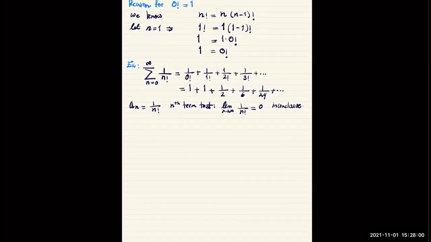Next test would be what? Integral test? Yeah, good luck integrating 1 over x factorial. If you call a function 1 over x factorial, this is not a continuous function. n factorial is defined over natural numbers.